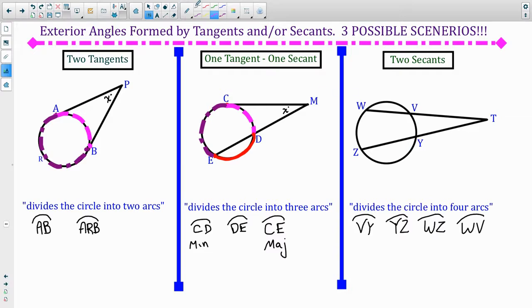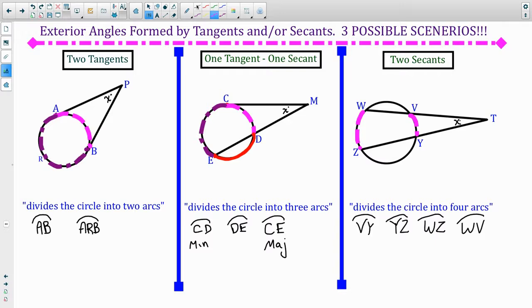Well, the two arcs out of those four that are the most important for us, if we're going to be getting involved in this angle out here, angle T, are going to be our minor and our major arcs. The one that's inside the angle, closer to the angle, is going to be our minor, and the one still inside our angle on the outside far part of the circle is going to be our major.